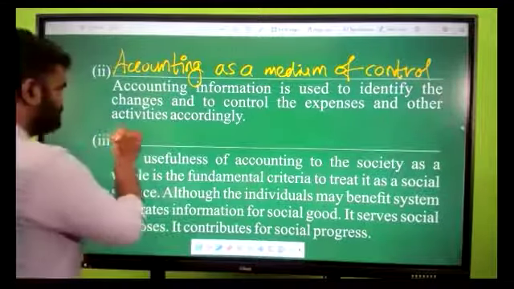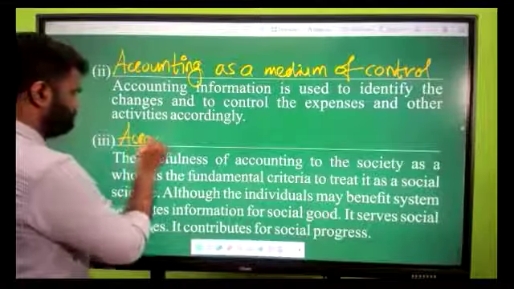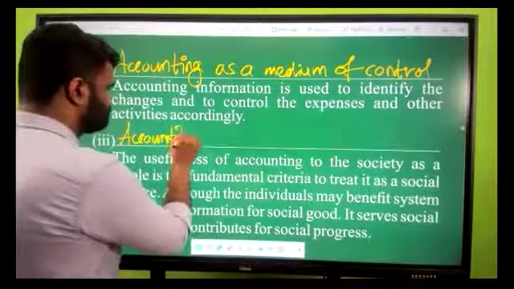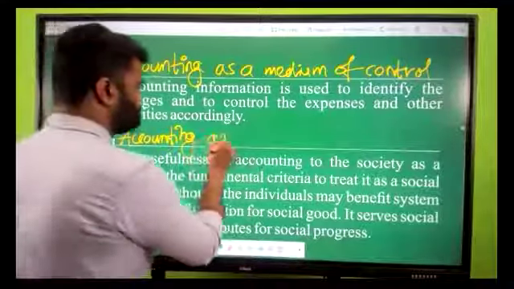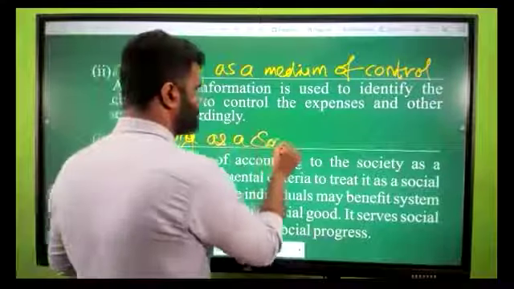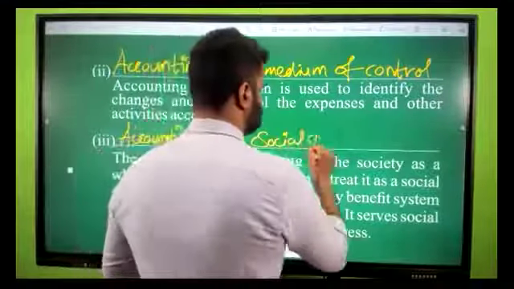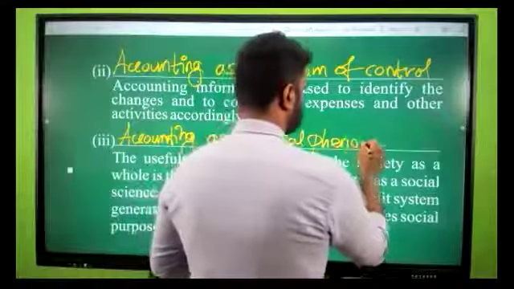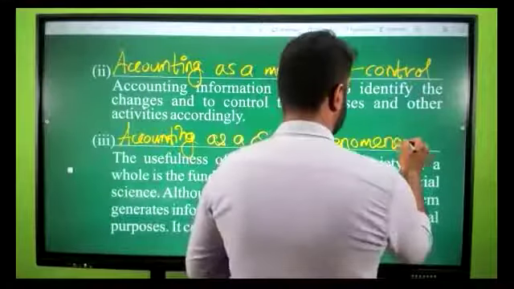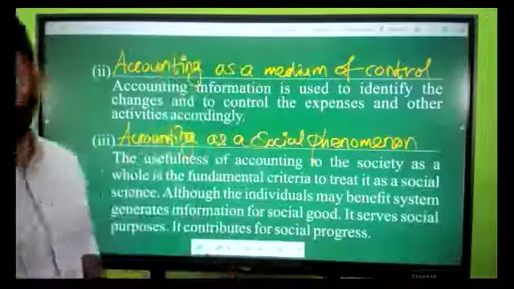Number three, accounting as a social phenomenon.